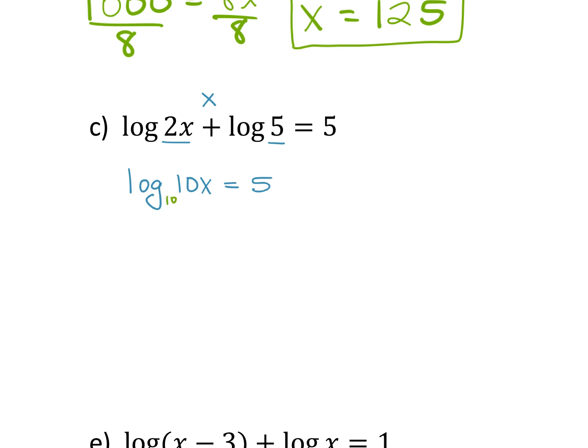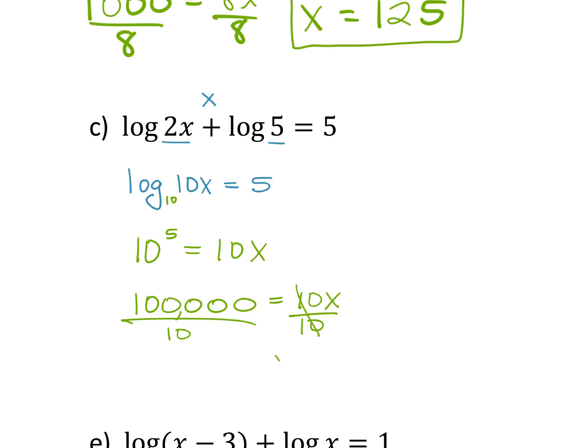This little 10 here, okay, so 10 to the 5th power equals 10x. So 100,000 equals 10x, and then divide by 10, and you get x equals 10,000. Okay, so simplify the log first, get it down to one log. Once you have it down to one log, then you can put it into exponential form.